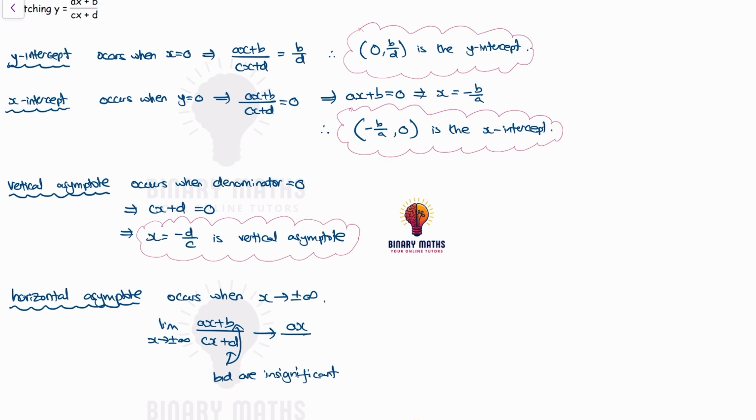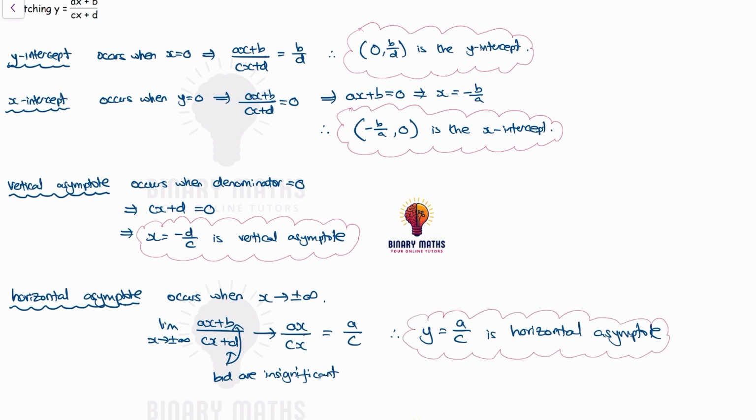Let me just write the cx clearly, because otherwise you're going to get confused. And ax over cx is just a over c. Therefore, y equals a over c is the horizontal asymptote. So that's the last key knowledge that you need to know when you're sketching these ones.